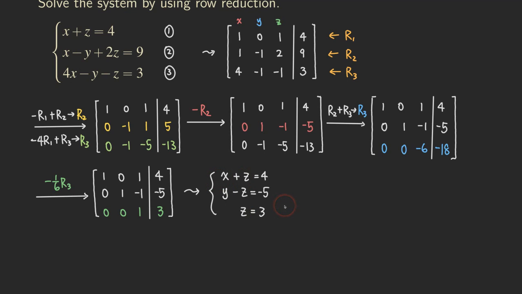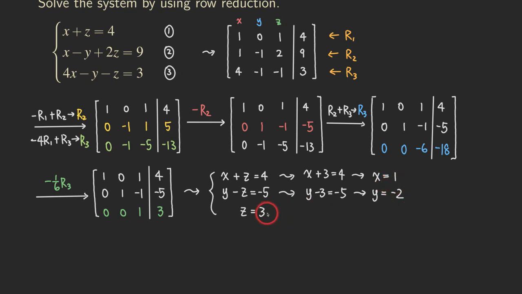Let's do that. So what do we have here? y minus 3 is equal to negative 5. So y is equal to, if you add the 3 to both sides, you get negative 2. Right? Now continue with the first equation. We want to solve for x. So we have x plus 3 is equal to 4. So you can say that x is equal to 1. And so do you see that we actually have the answer right here?